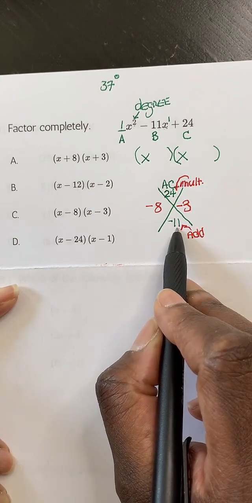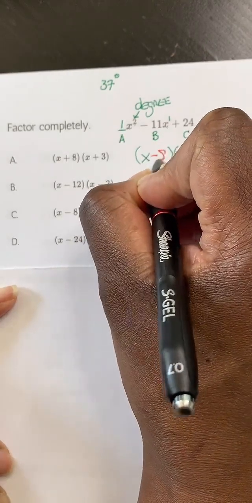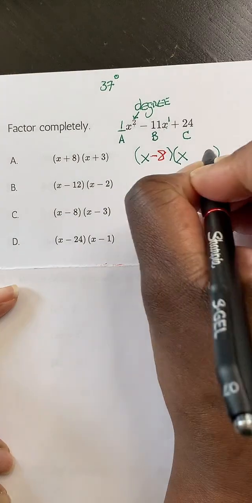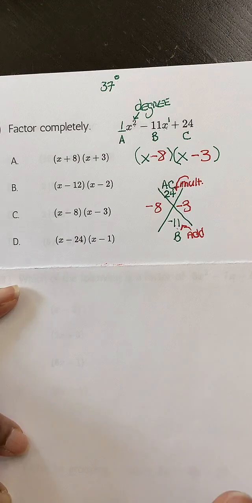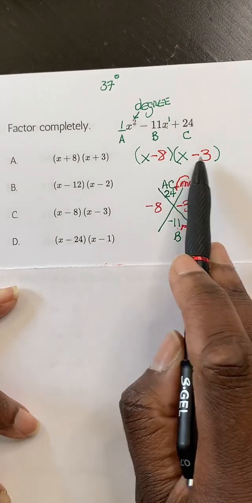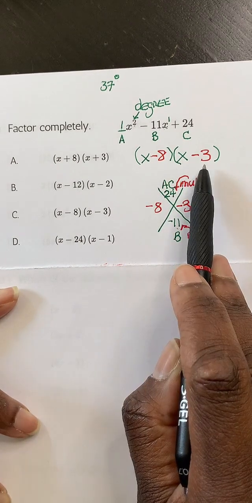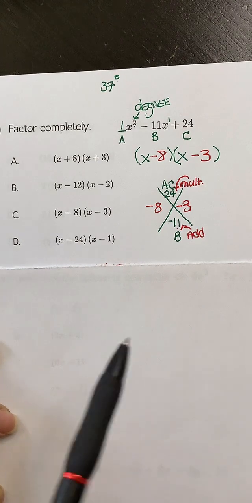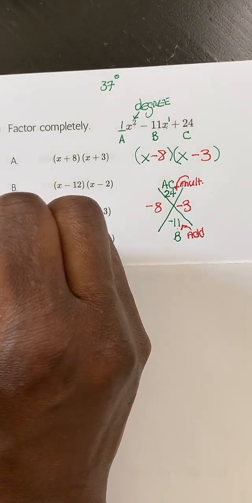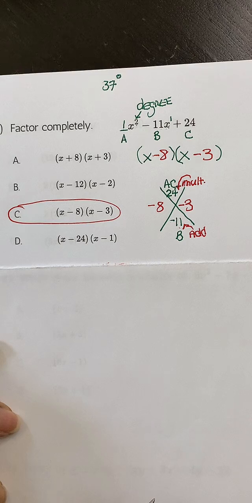So it'll be that -11, which works great. So that means a -8 goes in one parenthesis and -3 goes in the other. If you ever see them flip-flopped, like x minus 3 over here and x minus 8 over here, same difference. That's going to be your answer, which is C.